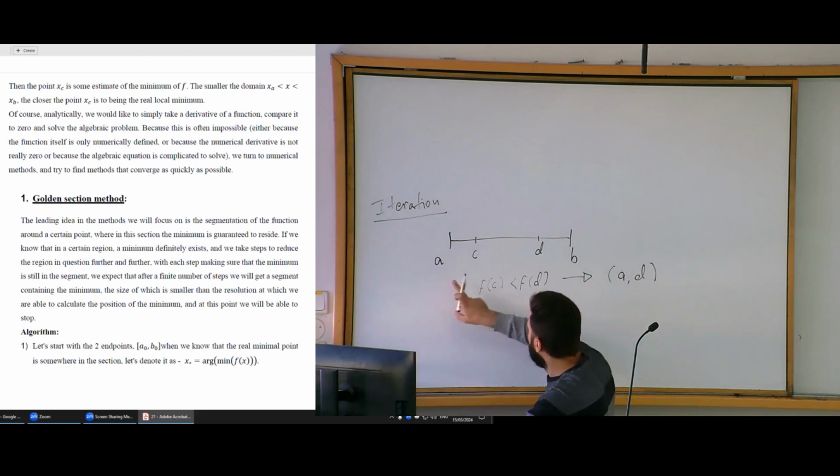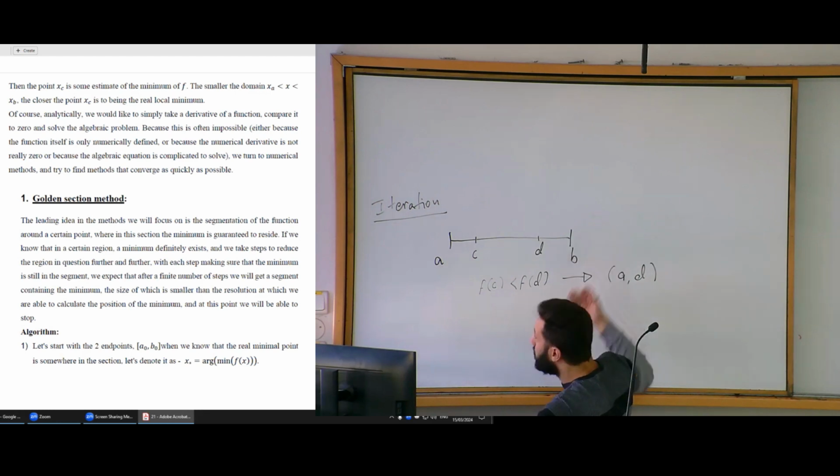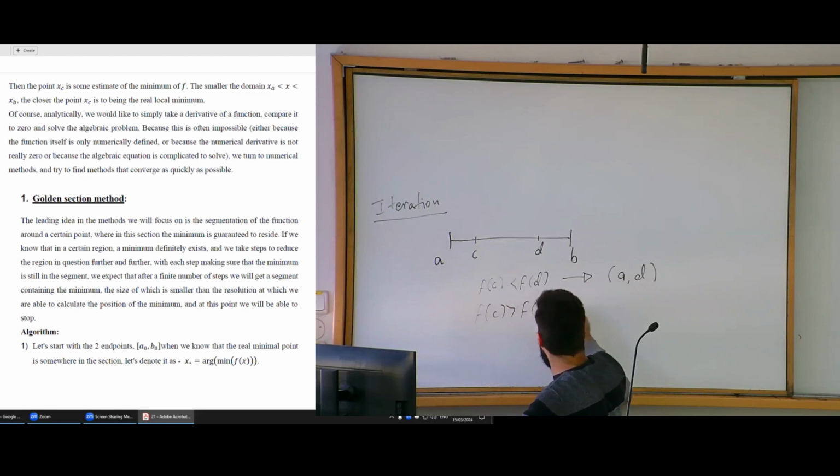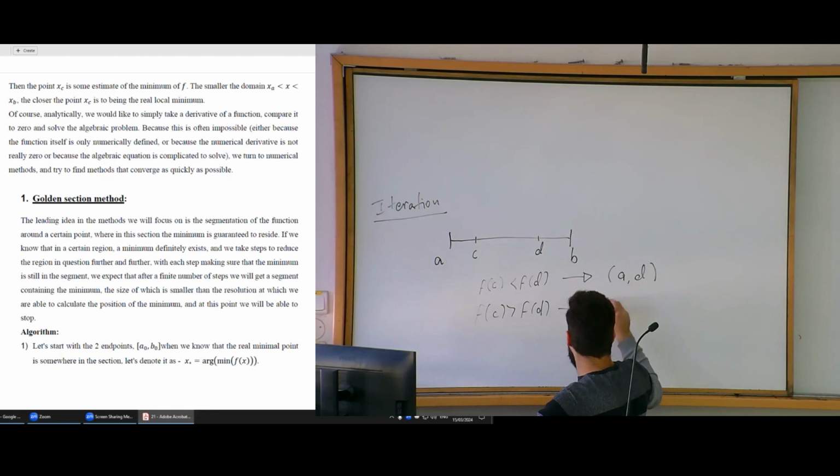In one iteration of my algorithm, I take two points in between and check if f at C is smaller than f at D. If so, I take the new interval in the next iteration to be from A to D. And if f of C is bigger than f of D, now I think that the minimum is between C and D. Yes?